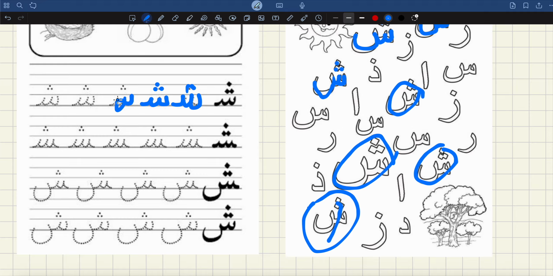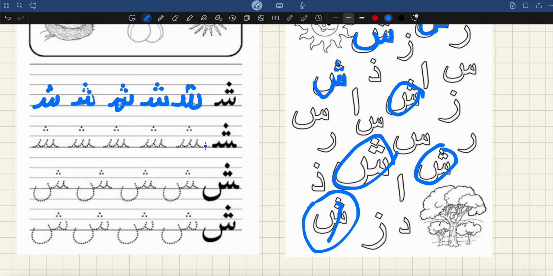So it's on the computer. It's really hard to write like by hand, but it's easy to show you how we write the letter Shin. And 3 dots.